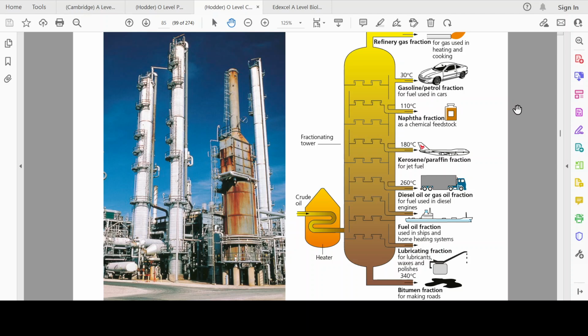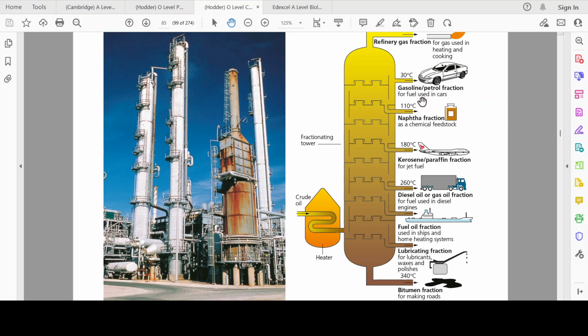volatile. So if you've got petrol in an open container, you can smell the fumes because the vapors are escaping the liquid. And if you leave it out open for long enough, you will see that there's a decrease in the volume of the liquid, the petrol, and pretty soon it's all gone.